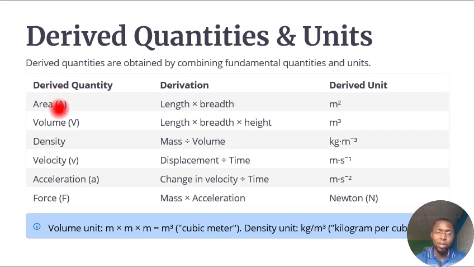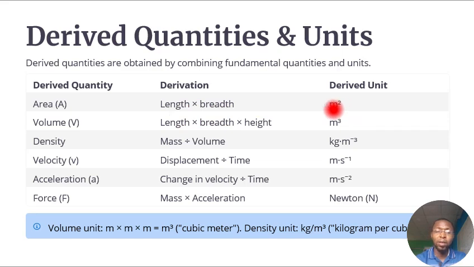For example, this is a derived quantity, area. The formula for area is length times breadth. Length is measured in meters, breadth is measured in meters as well. So length times breadth by unit is meter times meter, so the derived unit is meter squared.